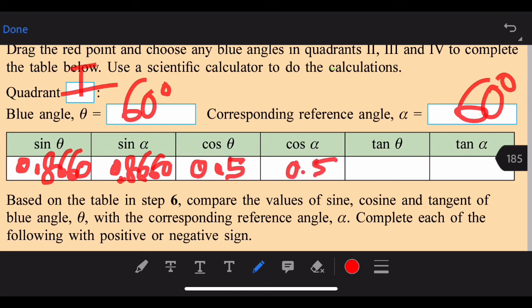Tangent 60 gives 1.732. All are positive, right?